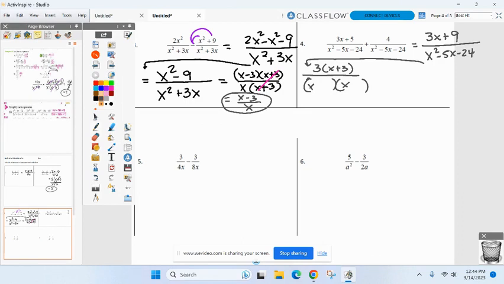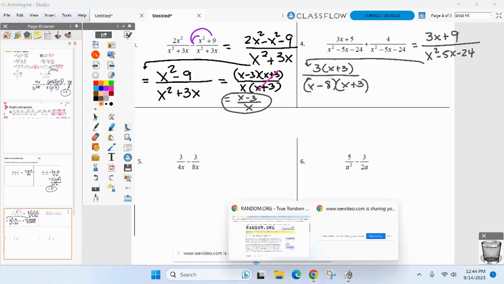Think about numbers that can give you 24 and then get a -5 from them. Start shooting numbers off to me that give you 24. All right, go ahead. Yep, and there you go. You got it. -8 plus 3.